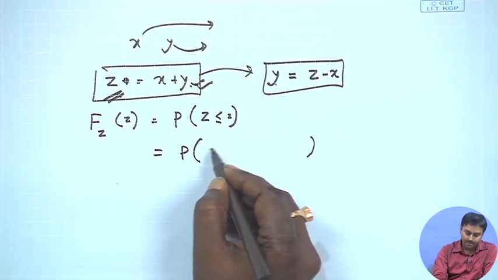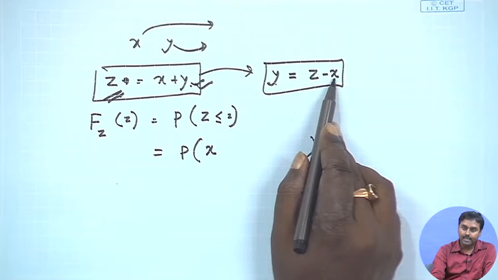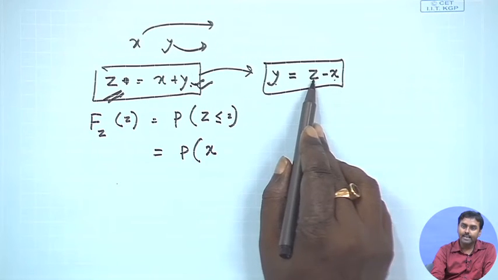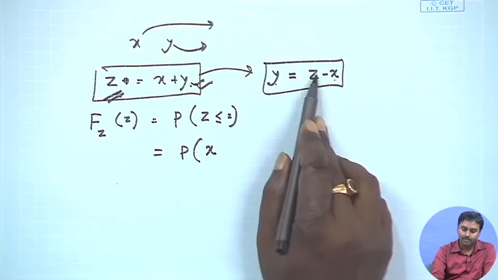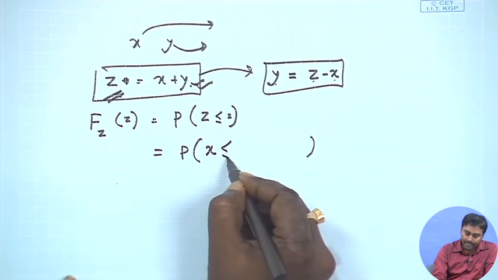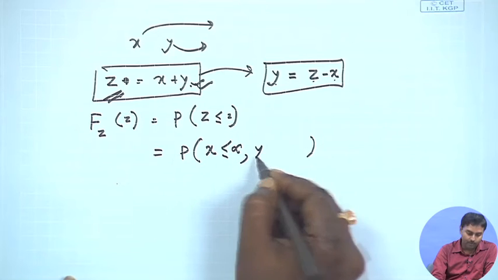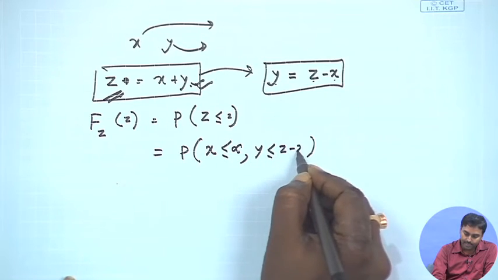So, the probability that z is less than small z means: once I characterize x, I can get something on y with respect to this z. For any value of x which is less than infinity, I must have a y which is less than or equal to z minus x.